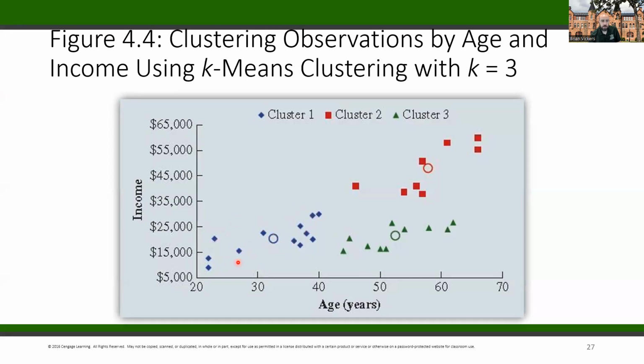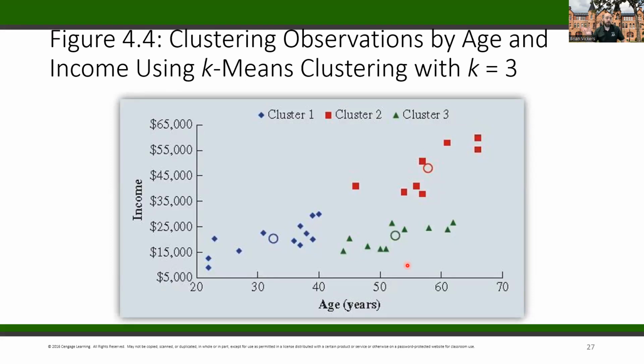So cluster one here in blue is relatively young, lower income customers. Okay. And then we would say cluster two, this red one here, relatively older, higher income customers. And then cluster three, this green one, we would say relatively older, lower income customers. And that's all the information we have, and that's how we would describe them.